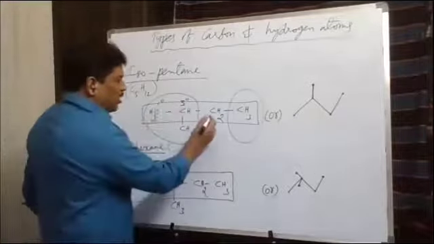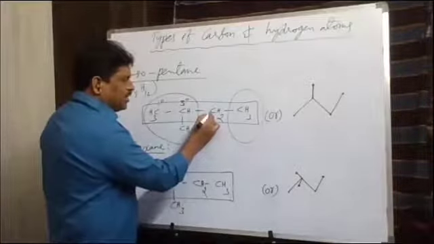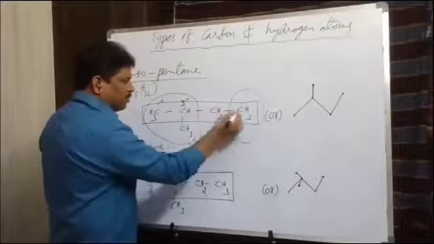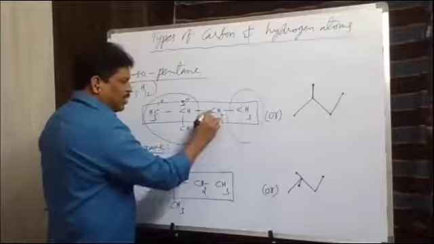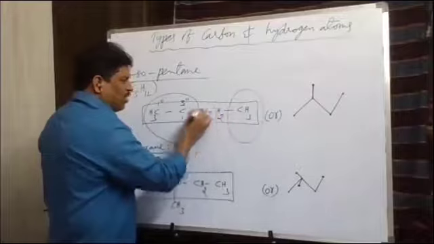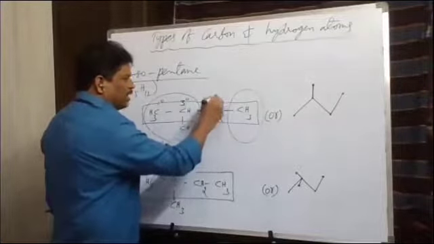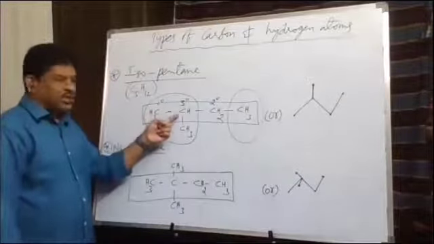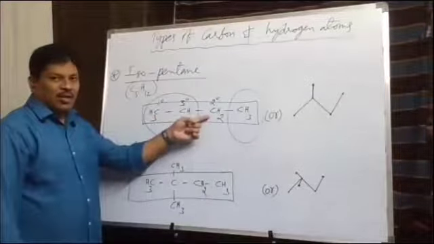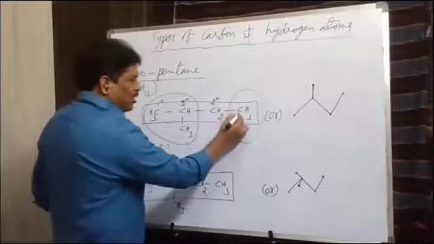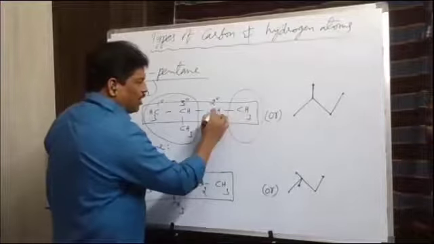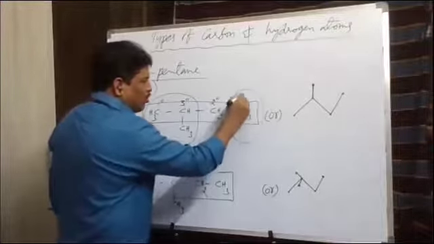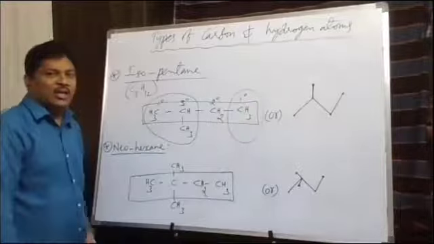And if you observe, this carbon is attached to only 2 other carbons. On either side, this carbon is attached to one carbon this side, one carbon this side. So it should be called secondary carbon atom. So primary carbon atom, tertiary carbon atom, secondary carbon atom. And this carbon in turn is attached to only one other carbon. That's why it is also 1 degree carbon, that is primary carbon.